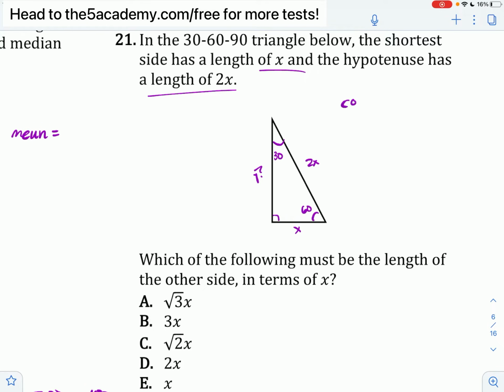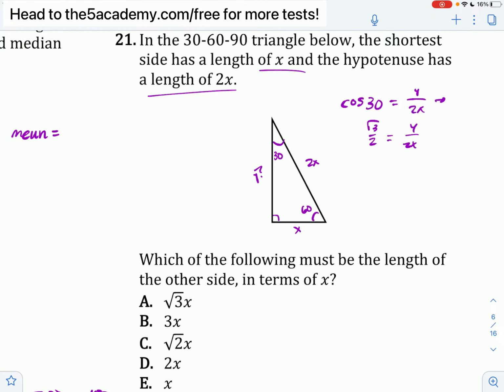So for example, cosine of 30, which is a value I can plug into my calculator, is equal to adjacent, which is y, divided by 2x. Okay? Cosine of 30 is equal to square root of 3 over 2, equal to y over 2x.